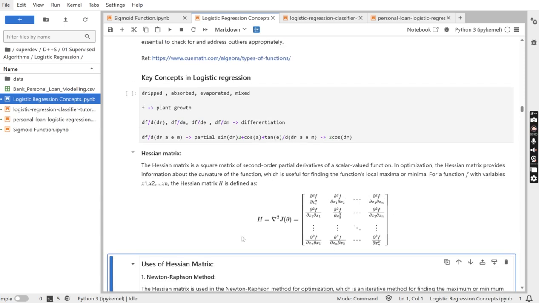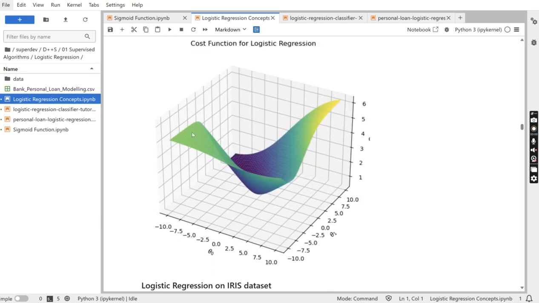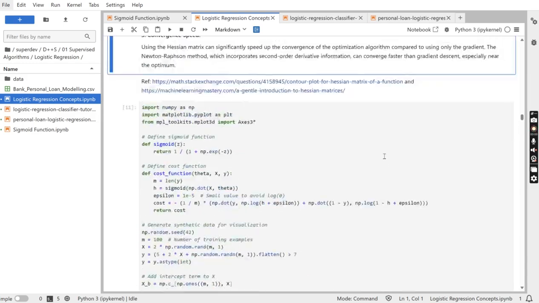So that much you understand for now. When you plot it finally, notice this entire cost function we have taken, the Hessian matrix calculations are done. The highest point could be here, this is the upper side, and the lowest point is this point. So these 2 different points are given by the Hessian matrix.